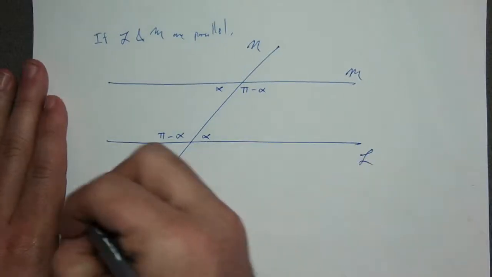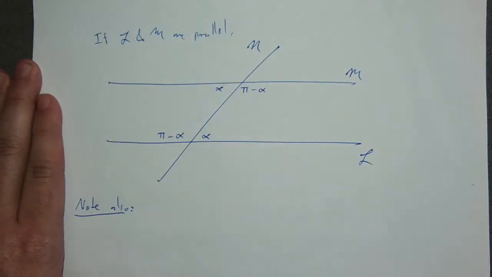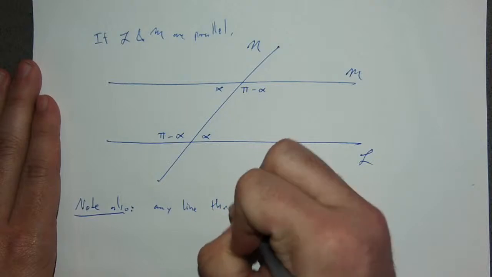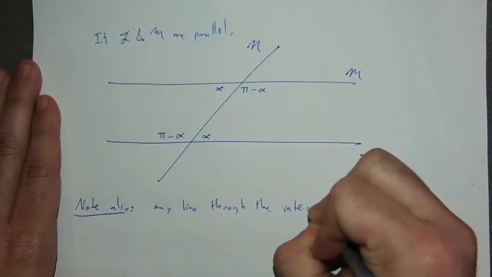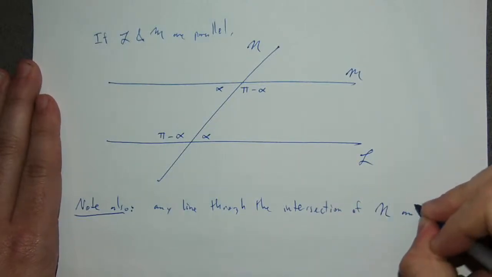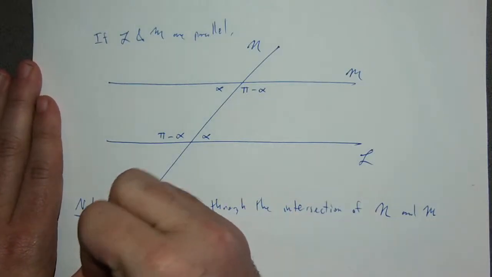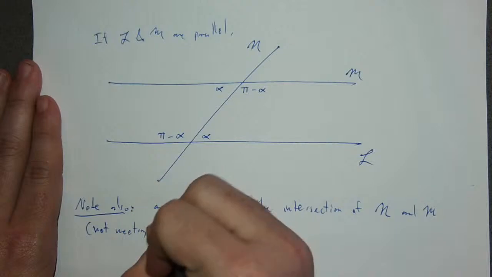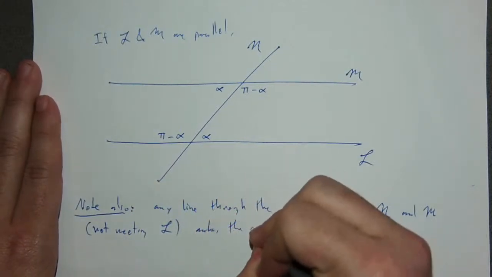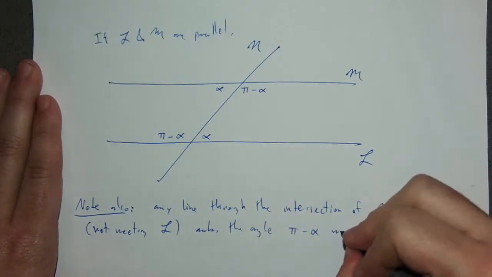Note also that any line through the intersection of n and m not meeting L makes the angle pi minus alpha with n.